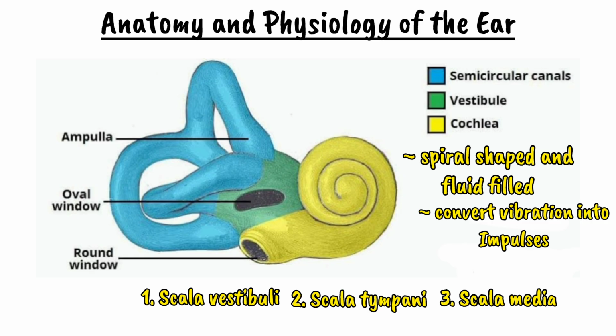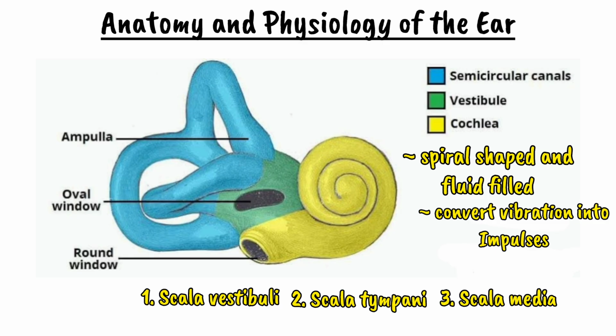Now, the organ of Corti is actually lined with hair cells, and they have tiny hair-like projections called stereocilia. And when sound waves travel through the cochlea, they create standing waves in the basilar membrane, which stimulates specific hair cells based on the frequency of the sound.